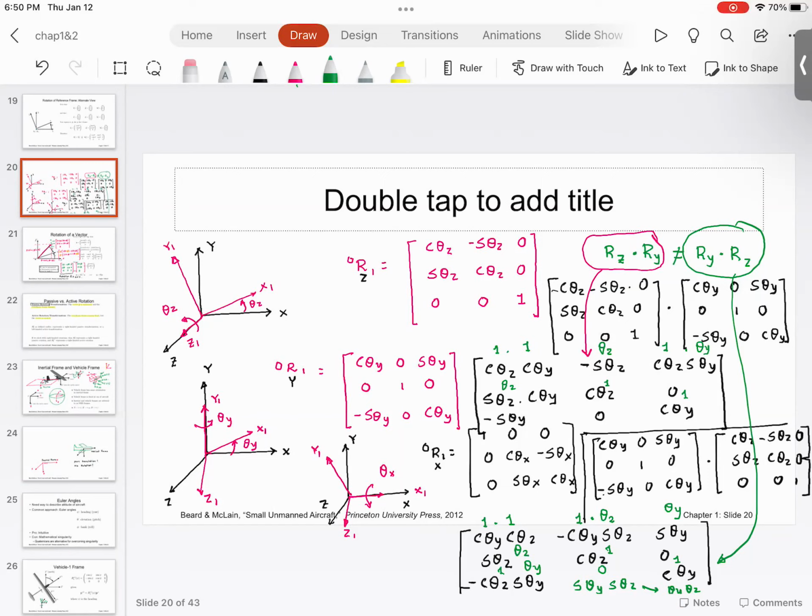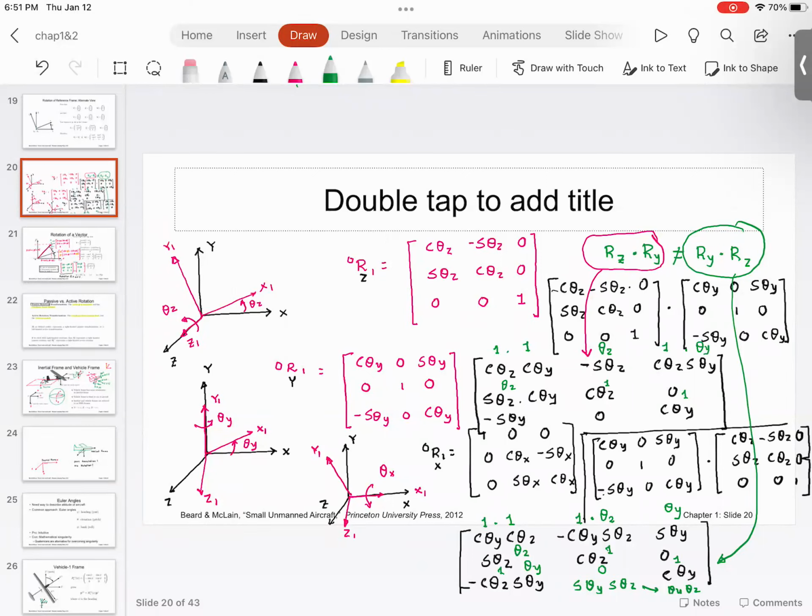So with these three frames: the first frame is our initial, base fixed frame. The second frame, the vehicle frame, is pure translation. Then vehicle one is the first rotation about yaw. Everyone understood this?